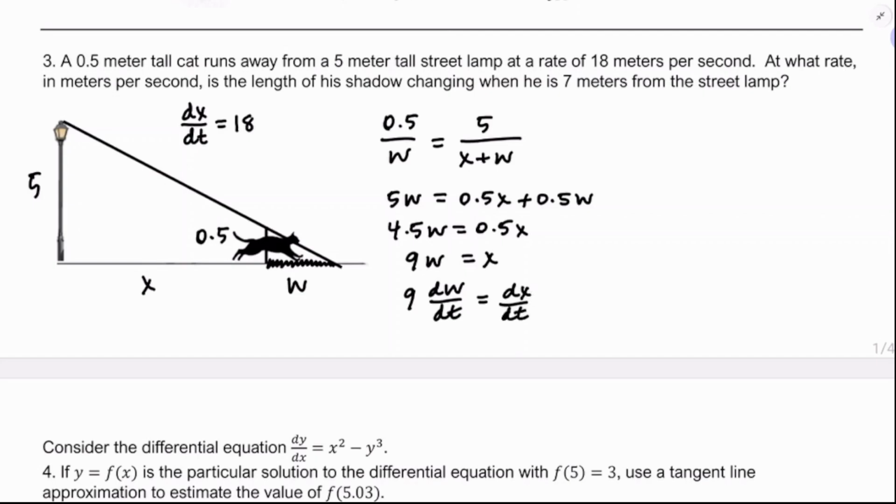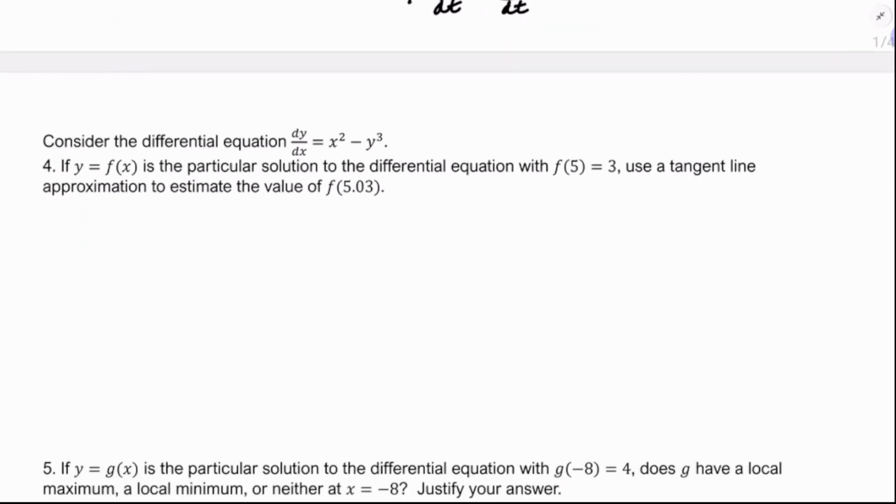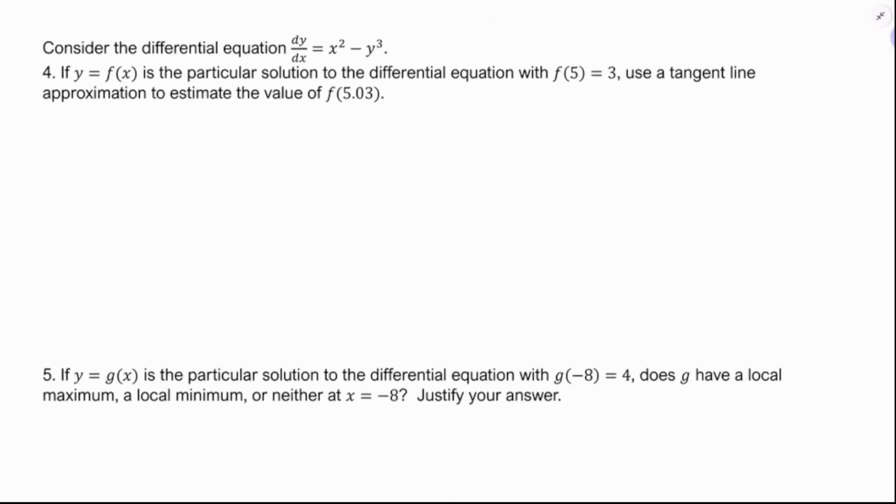Right, and they told us that dx/dt is equal to 18, so 9 times dw/dt equals 18. So that must mean, okay, we're looking for the rate of change of the shadow length, so that's dw/dt. It's going to need to equal 2. So it's going to be 2 meters per second. His shadow is lengthening.